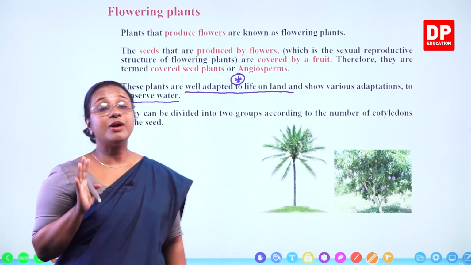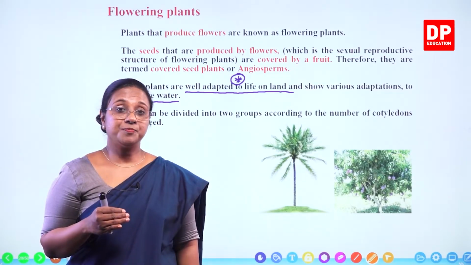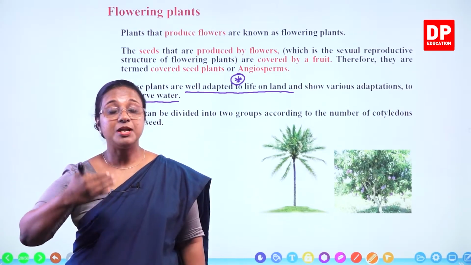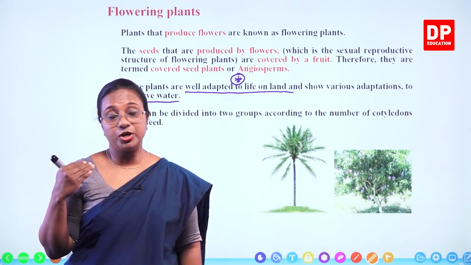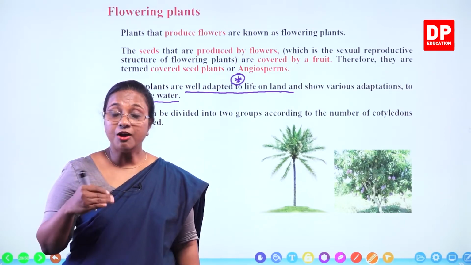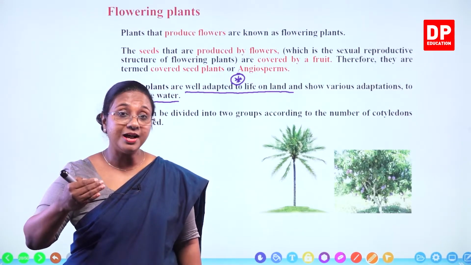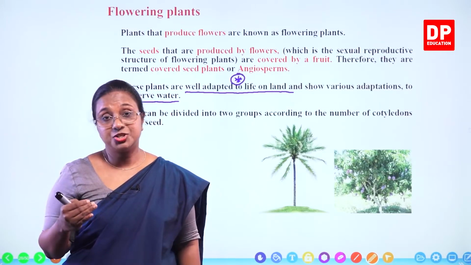This is something you have learned before also. Why do they need to conserve water? If they live in an environment where there is scarcity of water or the temperature is high, then there is a possibility of high transpiration, loss of water from the plant due to evaporation.